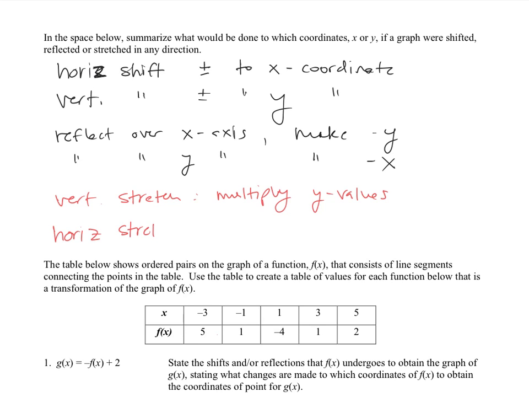But here's the thing, I've been saying this the last couple days: anytime it's horizontal, it does the opposite thing than what you think, or the opposite direction of vertical. So if a vertical stretch multiplies the y values by a particular number, then a horizontal stretch will divide the x values. Okay?